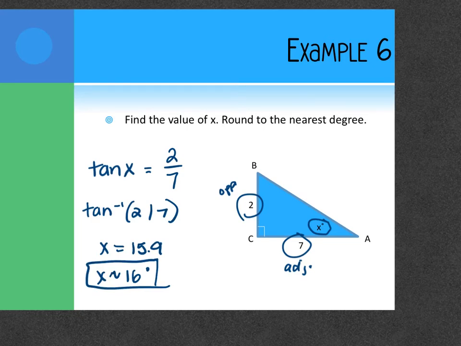You have to do 2 divided by 7, second tangent. You did 2 divided by 7 or 7 divided by 2? Right, 2 divided by 7 is 0.28. You have to do 2 divided by 7, second tangent, equals.